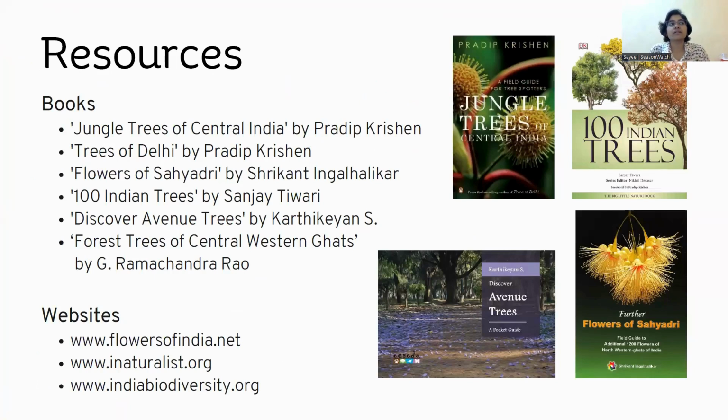Even the digital flora that is created by, I think, IISc, they also have information on distribution maps. And another fantastic website to learn about the habitats and the trees that are found in those habitats is ERA India. So I'll share all of these links with you. You can also refer to these for learning what plants are found where.